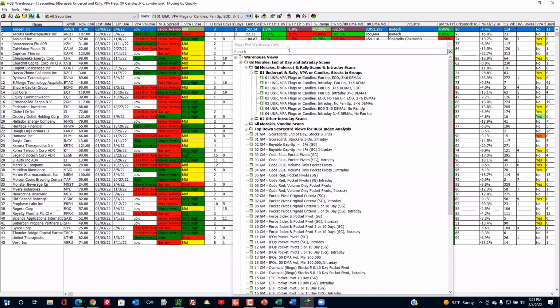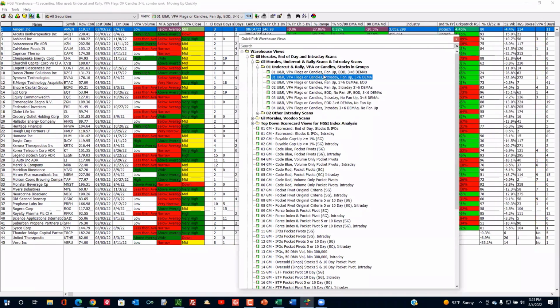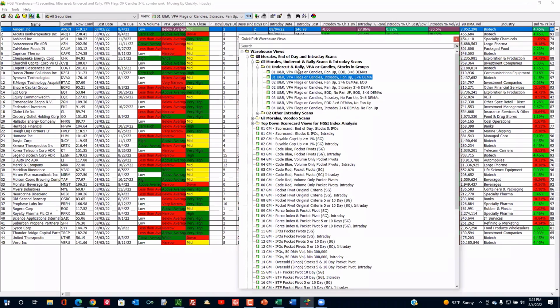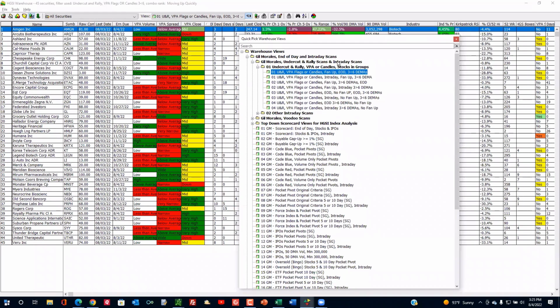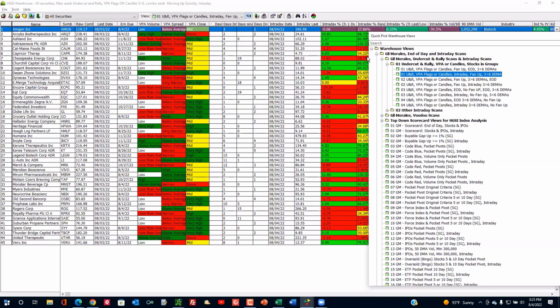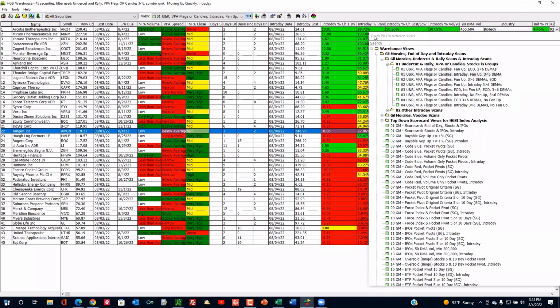Now I'm in all securities right now, and these were stocks. This is the entire database is what I'm trying to say. These stocks pulled back the 3 below the 6, and here is the intraday as of today.